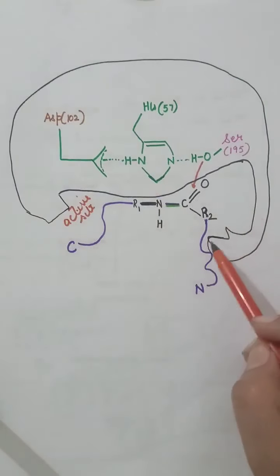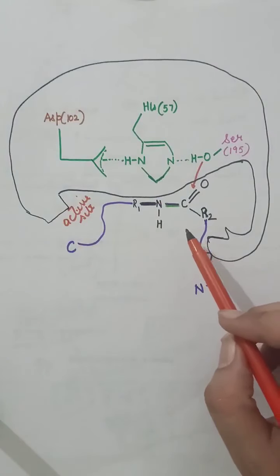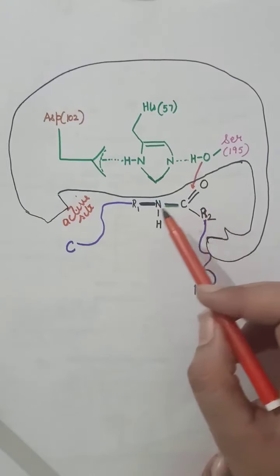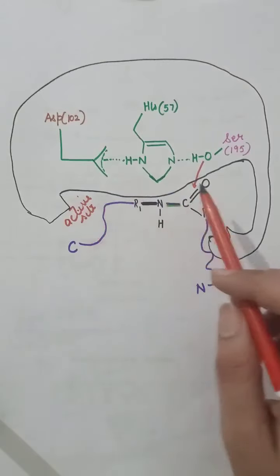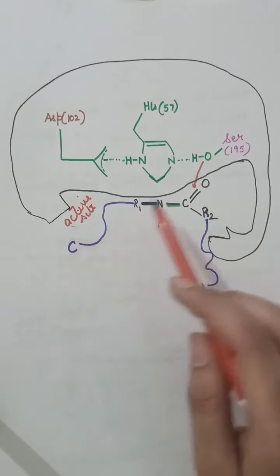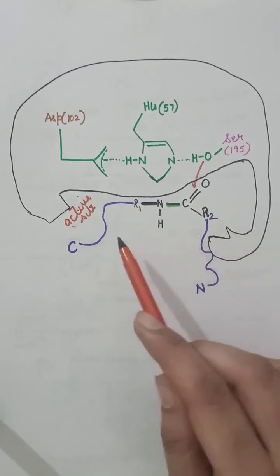This is the active site and it allows only bulky aromatic amino acids to bind. These are bulky aromatic hydrophobic amino acids. As we all know, this enzyme chymotrypsin is specific to aromatic residues only. So at the active site only bulky aromatic amino acids can bind.